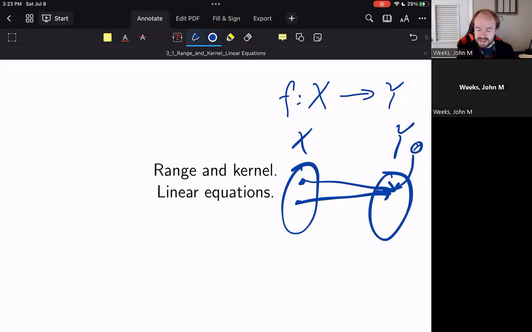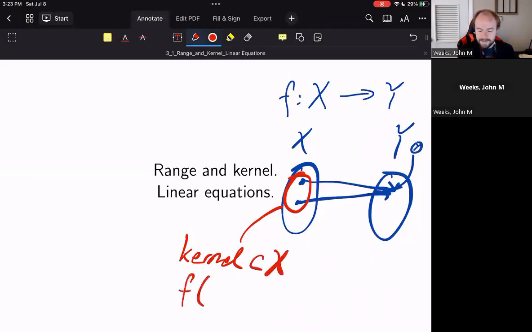We're going to say that the kernel of a function will be all of the points inside of X such that if you take f of that point inside of X, you're going to get mapped to 0. In particular, when Y is a vector space, we're going to consider 0 to be the 0 vector. We're going to be working with the 0 vector here.